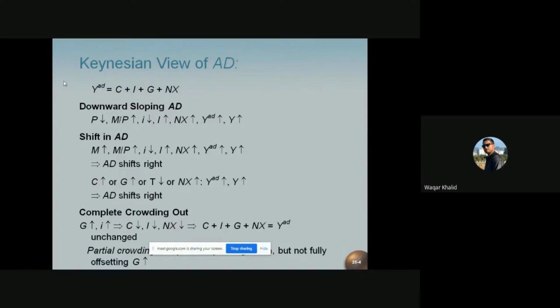So simply we can say that a lower price level leads to a higher level of aggregate demand. This is the mechanism. If P decreases, M over P will rise and this will reduce the interest rate. If the interest rate decreases, planned investment spending and net exports will rise. And finally, they will add more to the quantity.